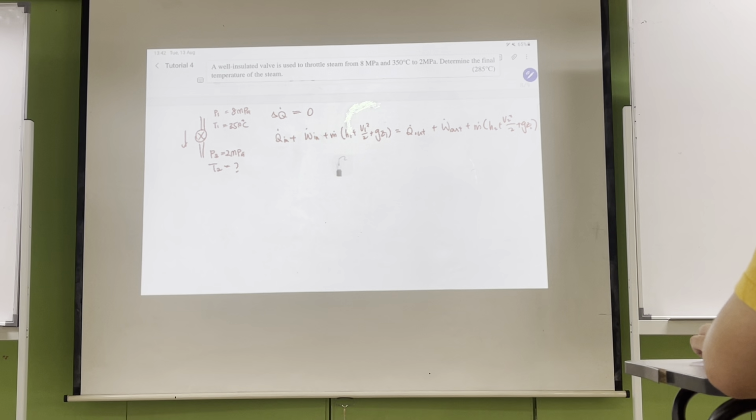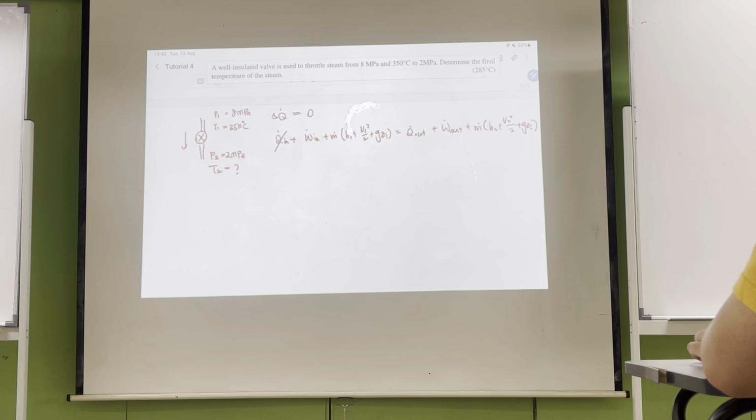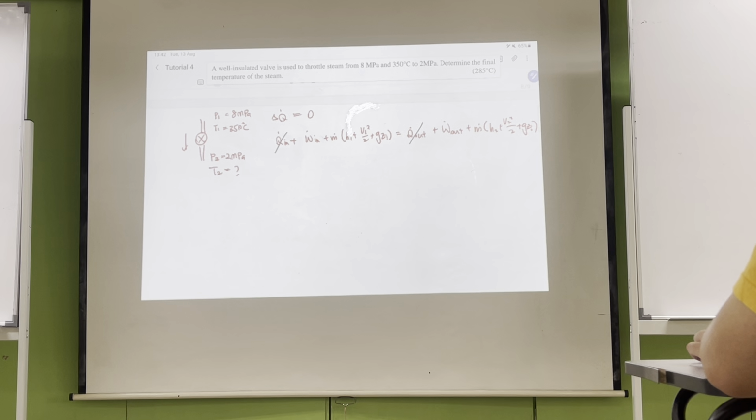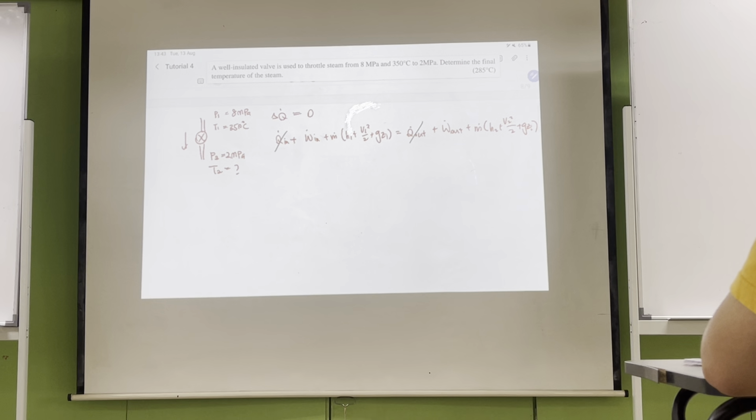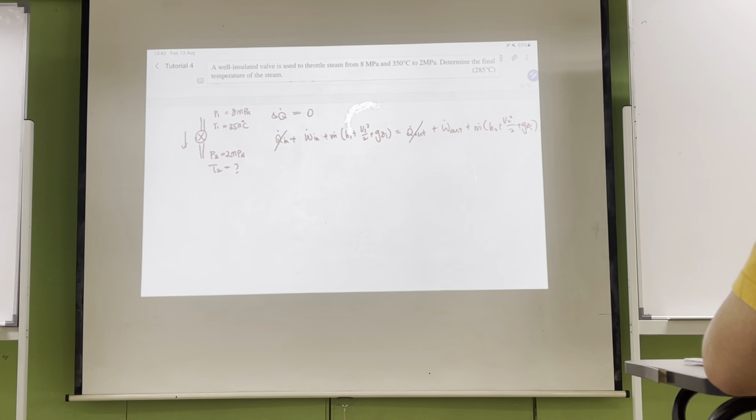Same thing, insulated, so we cancel off Q. The question is about a valve, so this is simply a throttling valve. If you have done your lab, this is the expansion valve that we are looking at.